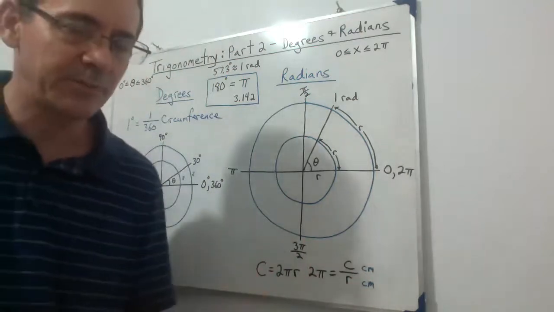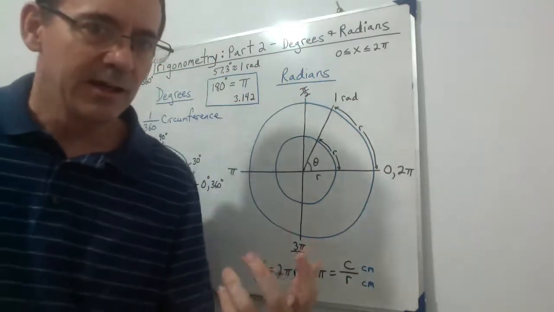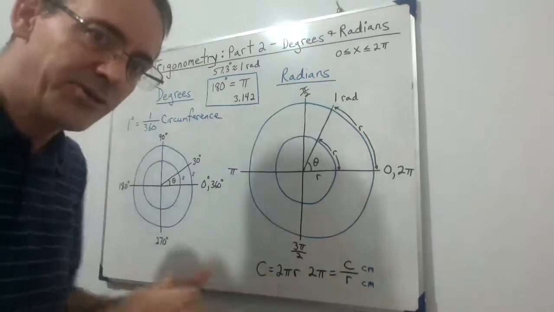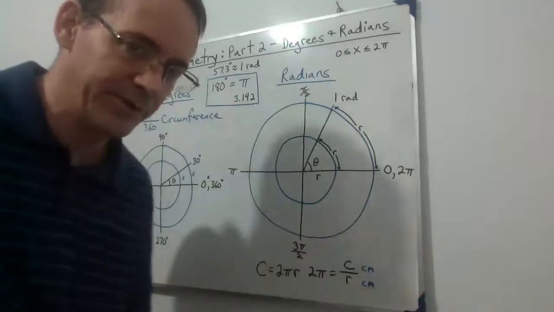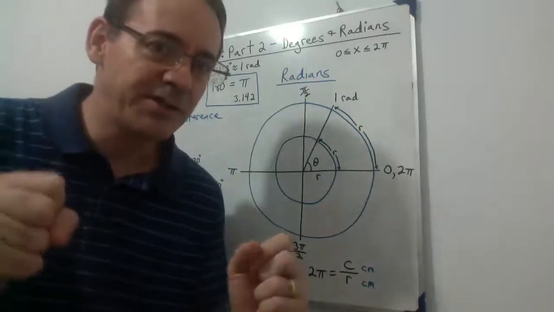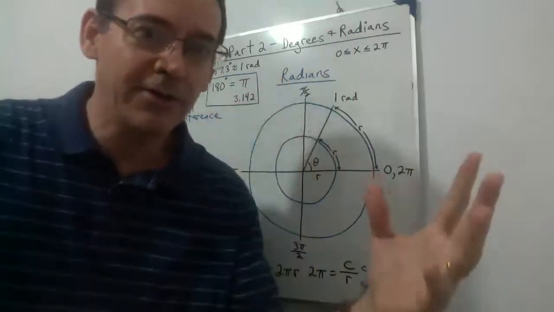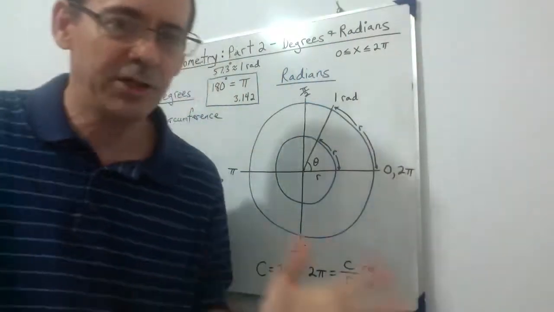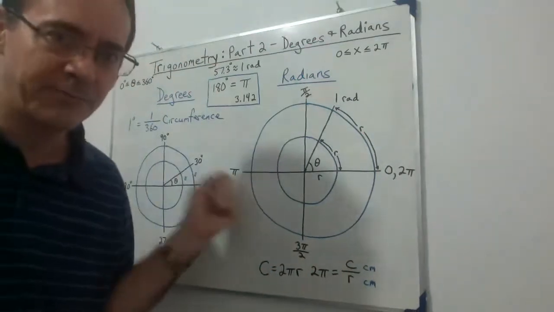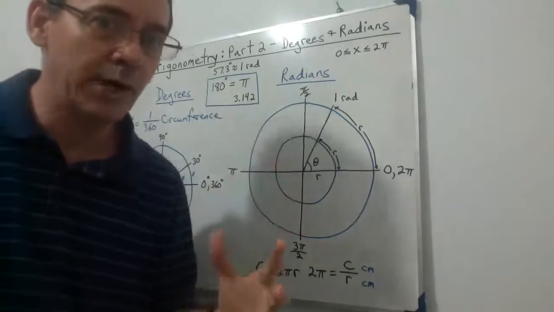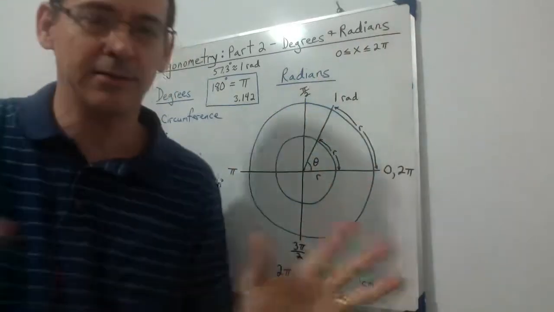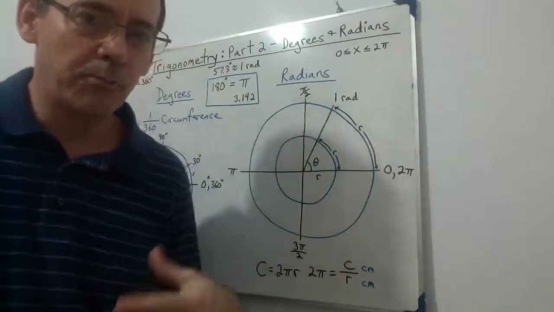For example, if someone says, oh, they made a 180-degree turn in their life, well, it means they turned around and went completely the opposite direction. Or in basketball, a person goes up for a dunk and turns all the way around, and we call it a 360. You don't hear someone say, oh, they made a pi turn in their life, or the person went up for a basketball dunk and did a 2 pi. You don't hear that.